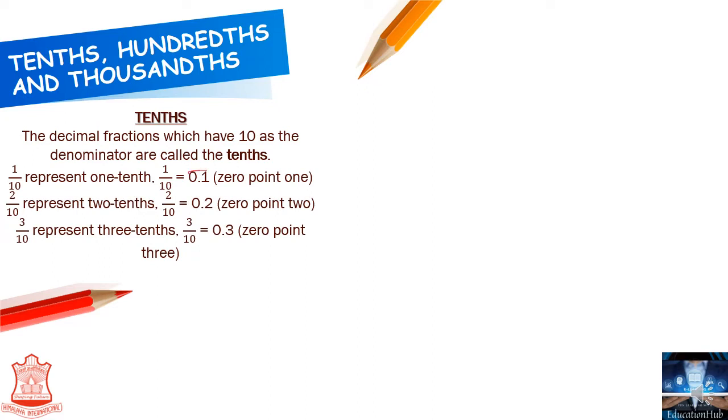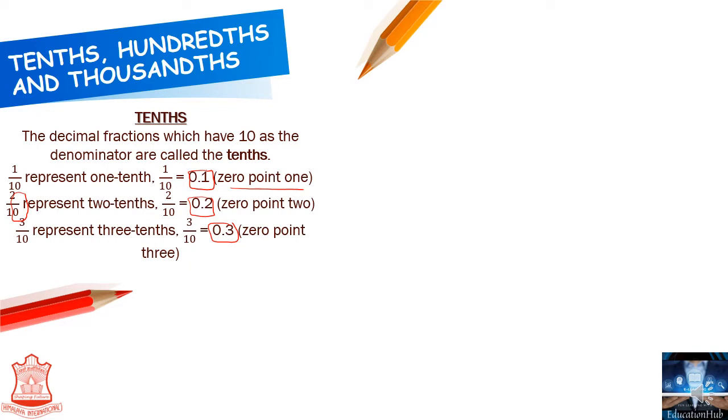So we represent 1 by 10 as 0.1 and we read it as 0.1. Similarly, 2 by 10 is represented as 0.2, and 3 by 10 can be represented as 0.3.